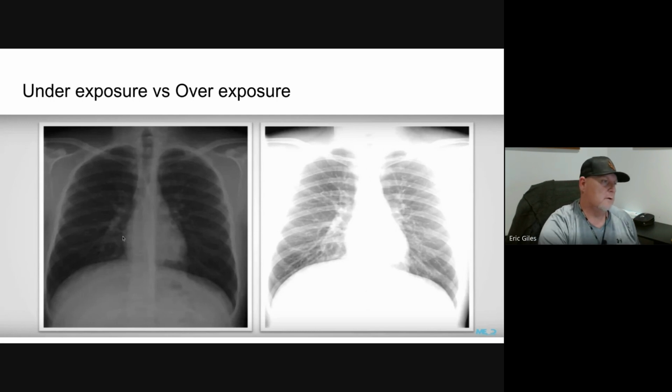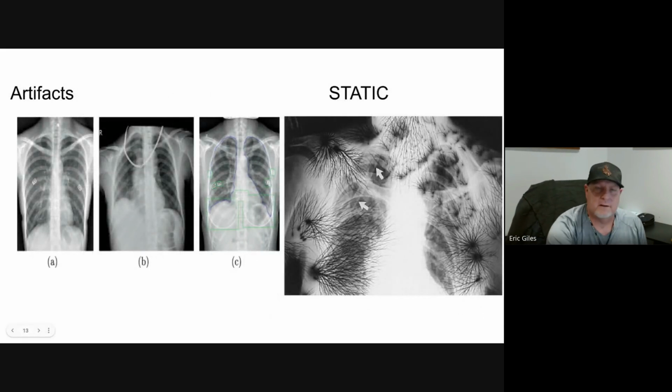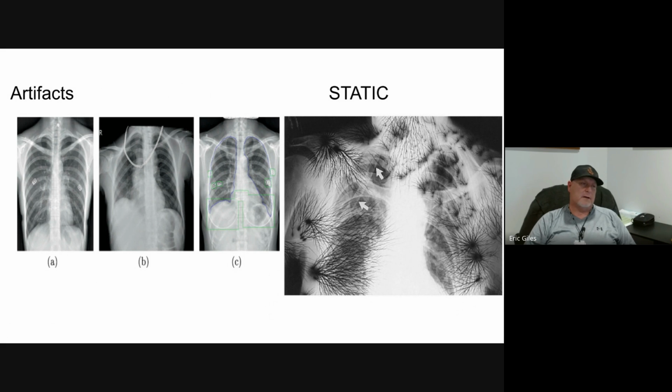Okay, artifacts. Artifacts are fun and cool because they look cool on X-ray, but in the grand scheme of things, they're not a great thing. They can cover up stuff. If somebody's wearing a big chain, it could cover up a lung nodule that's just getting started, and your X-ray is going to be negative. But if there's a lung nodule under there, it's something that maybe a doc would like to keep an eye on.